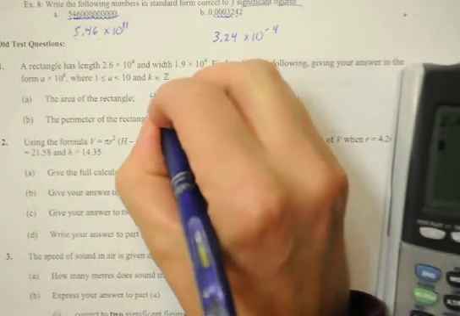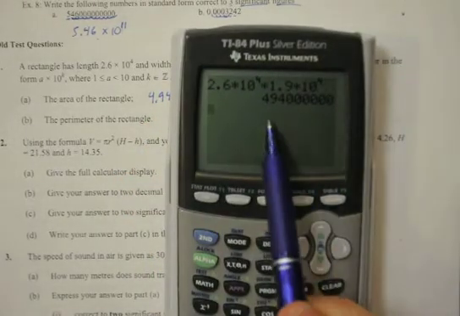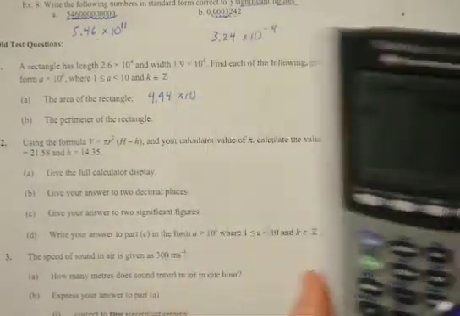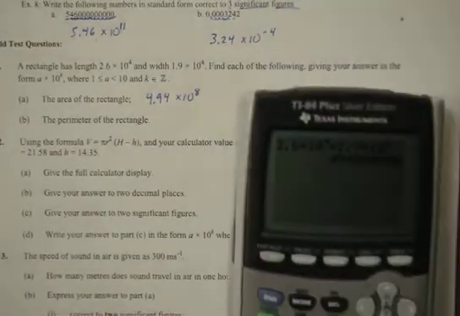We're going to write that as 4.94 times 10 to the 8th power. Find the perimeter of the rectangle.